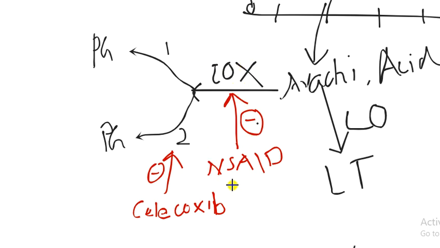Cyclooxygenase is inhibited by NSAID and there is no inflammation.